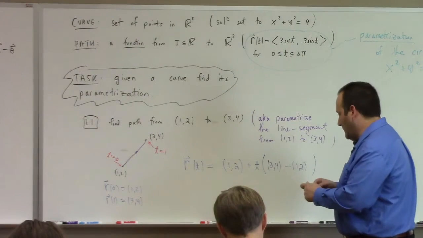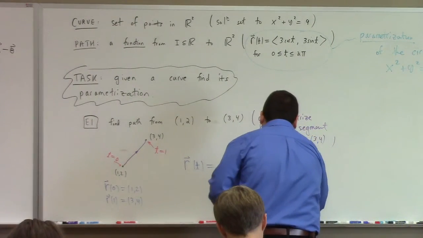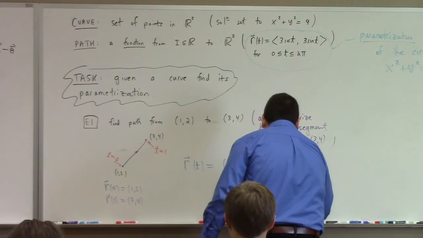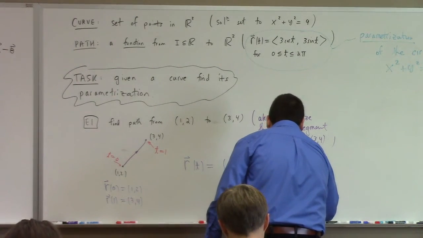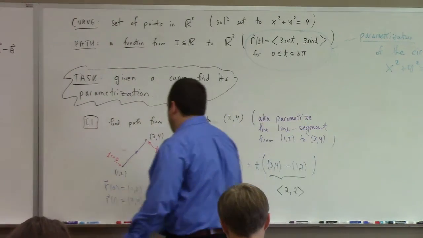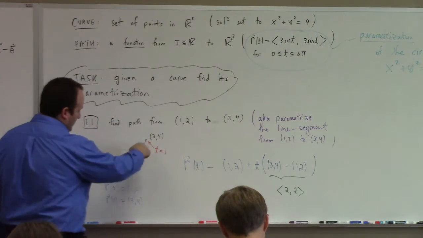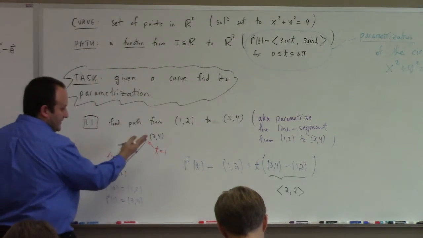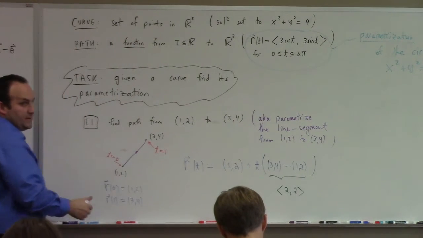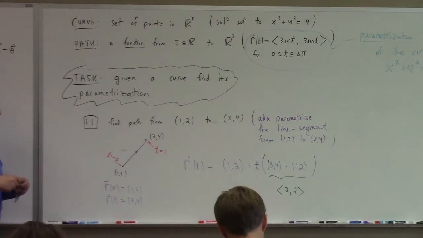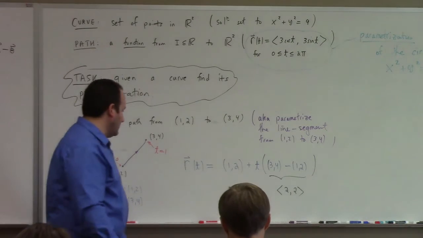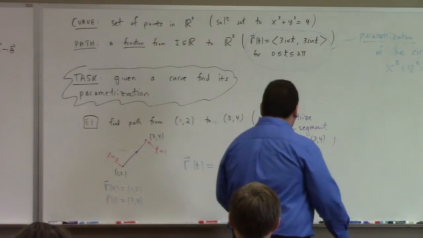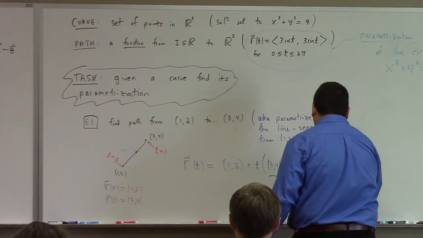So this right here is actually the direction vector 2, 2 as it happens. Like this purple vector, for what it's worth, is 2, 2. Anyway, so there it is.